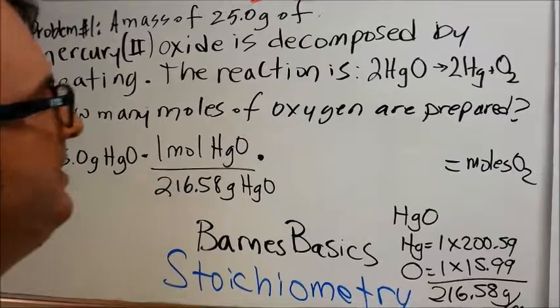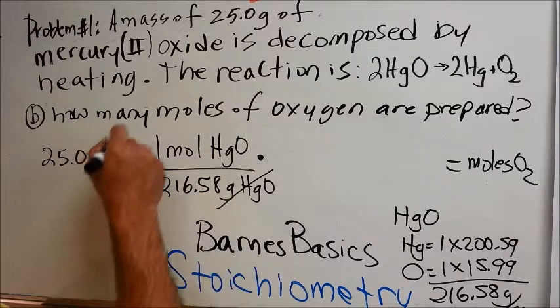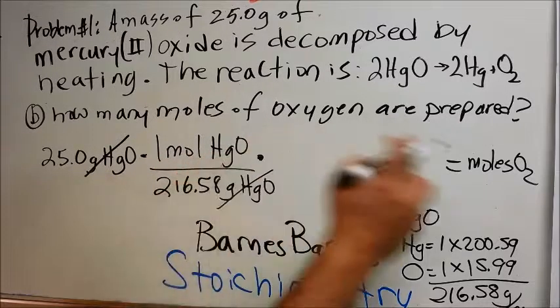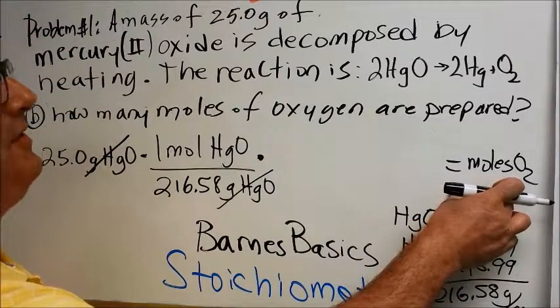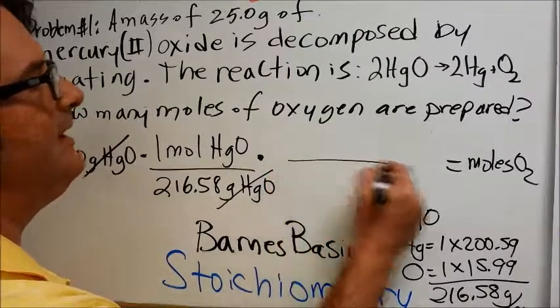And so the next thing that we have to do is figure out, since we've gotten rid of grams so far, we've got to go from moles of mercury oxide to moles of oxygen. Since we're trying to get moles of oxygen on the top, we put moles of oxygen on the top in this little ratio here.